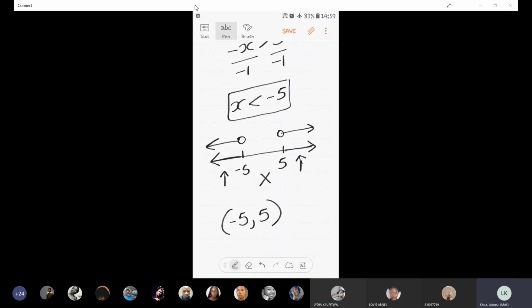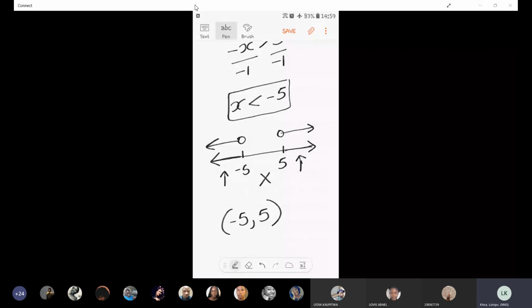If you have to draw graphs, please use graph paper or block paper. That's because you need to read the graph. If you just have plain paper, I don't know how you'll be able to read that this is the point. You'll just be guessing, I guess.